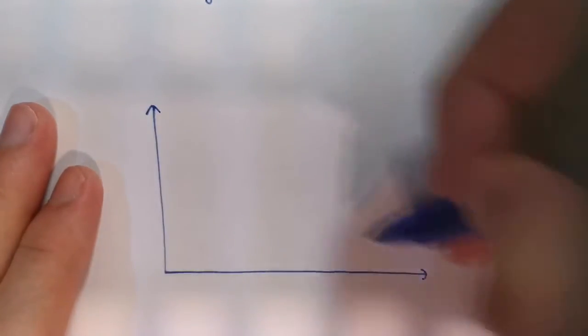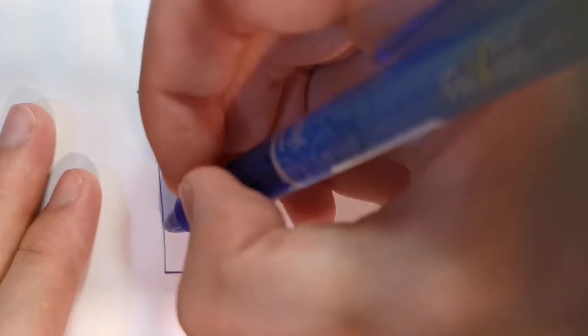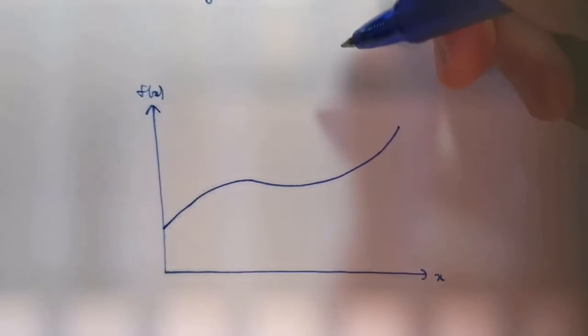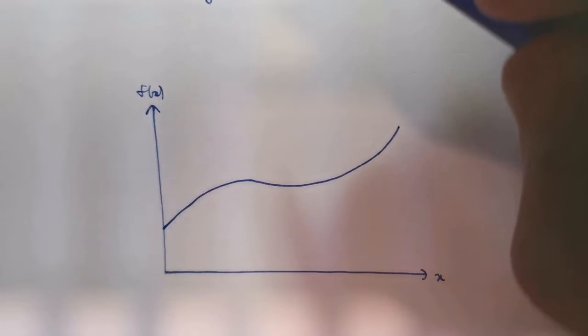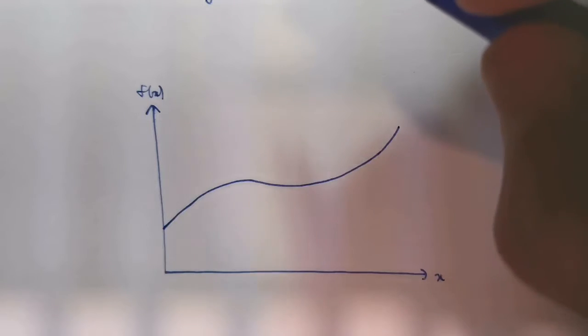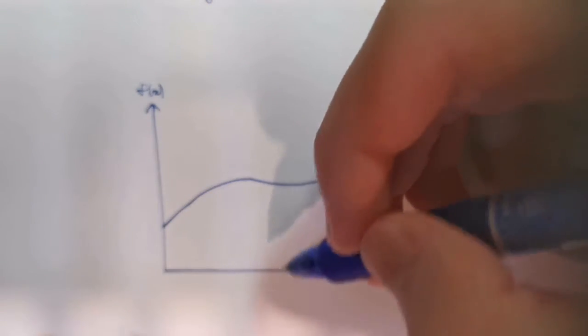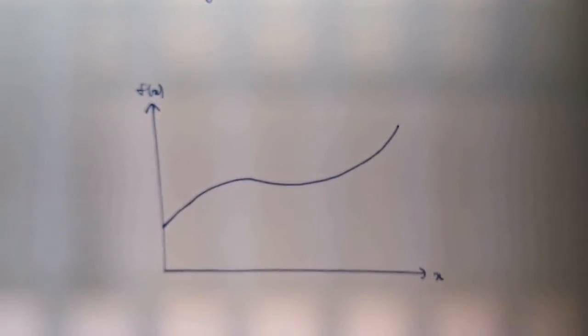So let me first draw a graph of f(x) against x. Just assume f is a continuous function. You already learned that dx represents an infinitely small quantity of x, right?